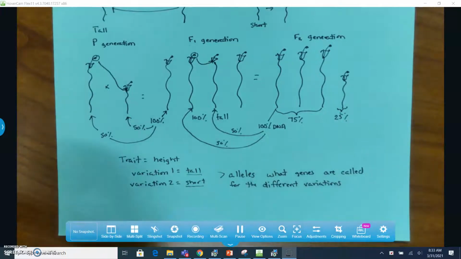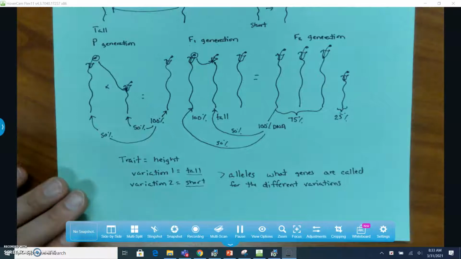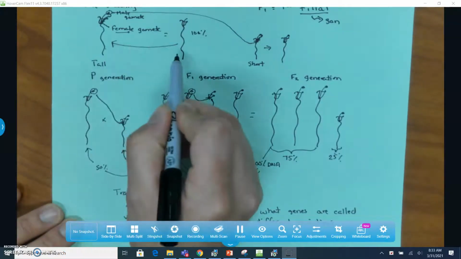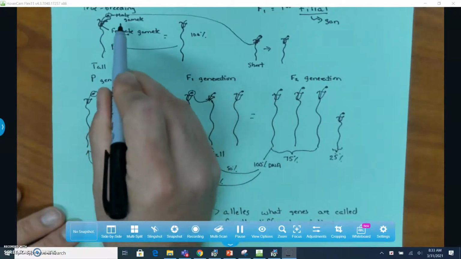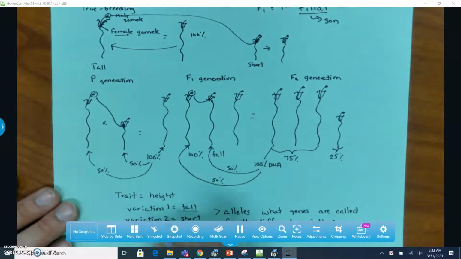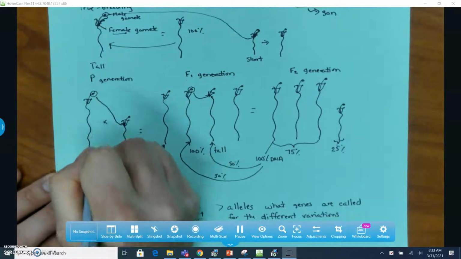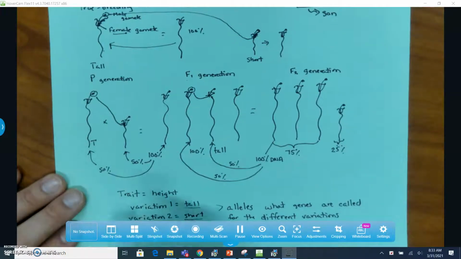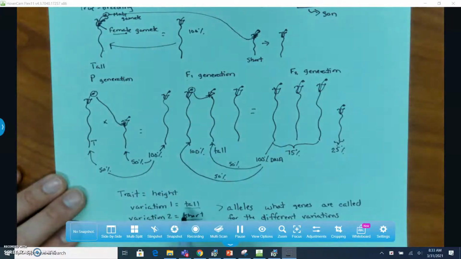So, going back to the P generation, since 100% of tall true breeding plants produced tall plants, he realized that the male gamete had a tall allele, and he gave that an uppercase T. He also realized that the female gamete also had the tall allele.